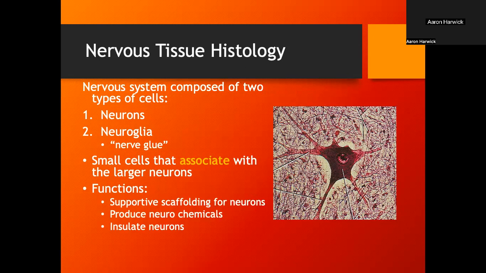They produce different neurochemicals, and they help insulate the neurons. And again, the nervous system is mostly made up of nervous tissue that is highly cellular. So these neurons are about 80% cell space. Only about 20% of the space is extracellular. And the neuroglia, while less commonly talked about, make up the majority of your cells.